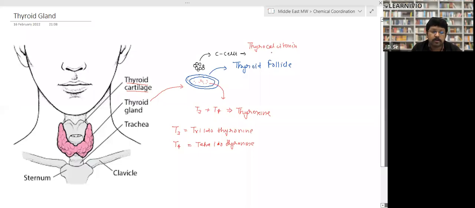First, please write down these structures, then I'll make you understand. Hypothyroidism and hyperthyroidism are both detrimental for a person.